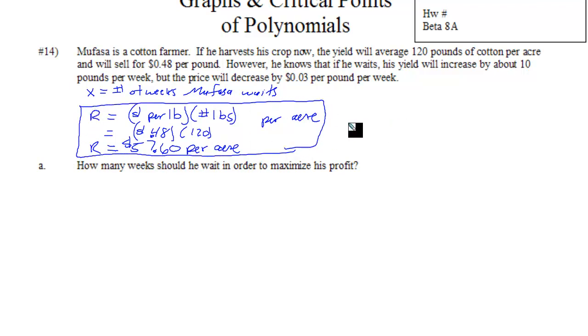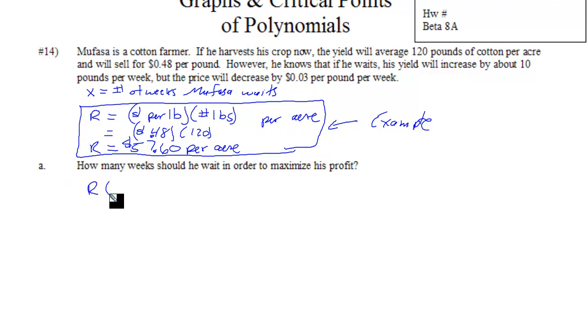This is if he were to do it today. But when you look through this problem, it says if he waits, each acre is going to produce 10 more pounds per week. But every week he waits, he could sell it for 3 cents less per pound. So let's figure this out.